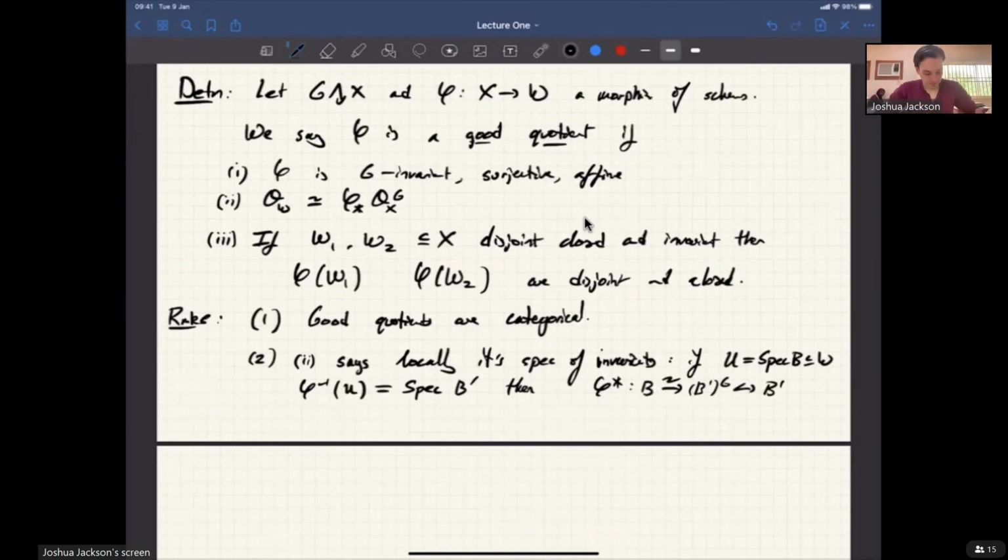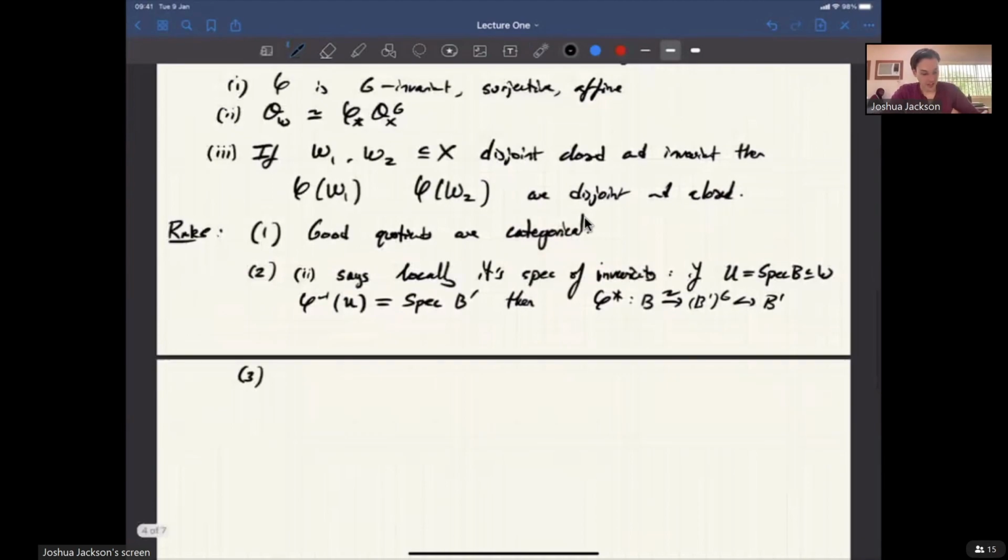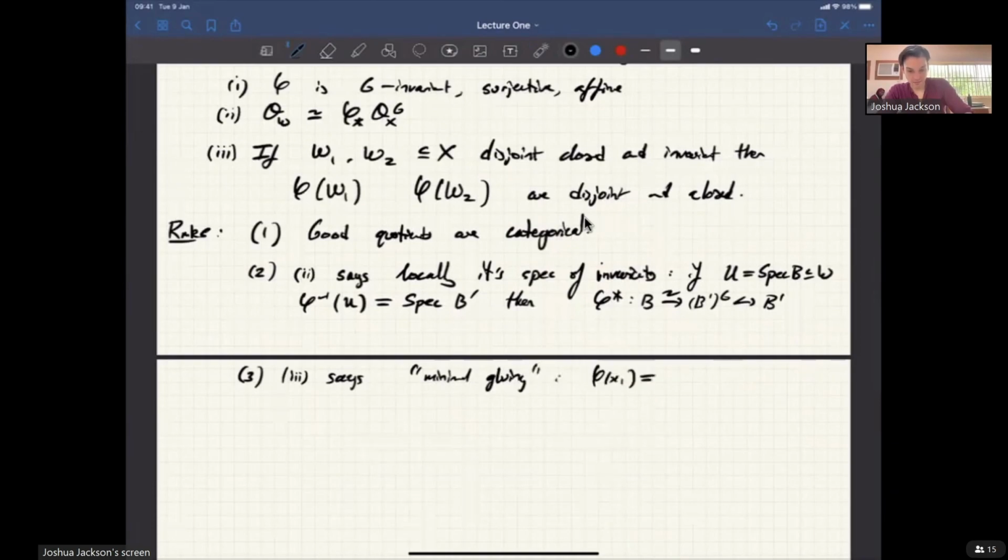Okay, so that's the first two, and then the third one. The third thing I want to say about this definition is this idea of minimal gluing. So number 3 says minimal gluing. So one way to see this is if I have, let's say, two points in X, then they get sent to the same thing if and only if their orbit closures meet.